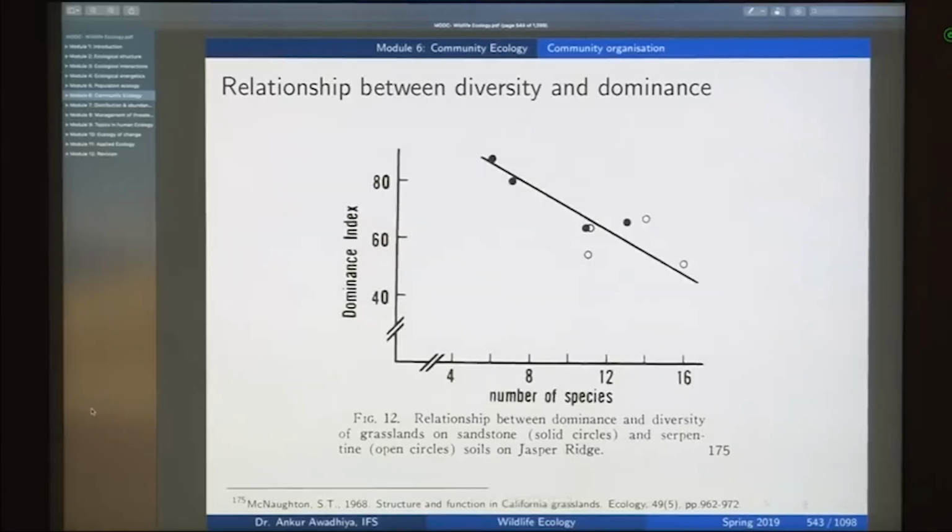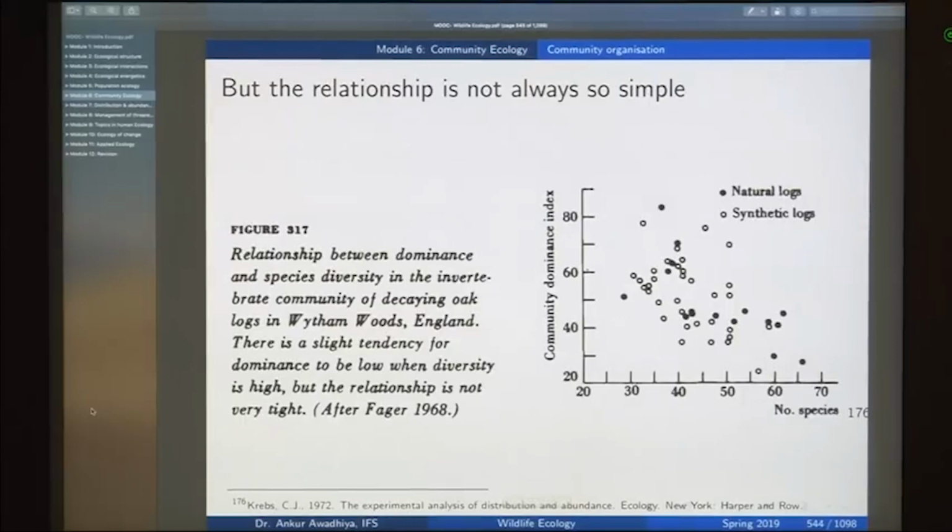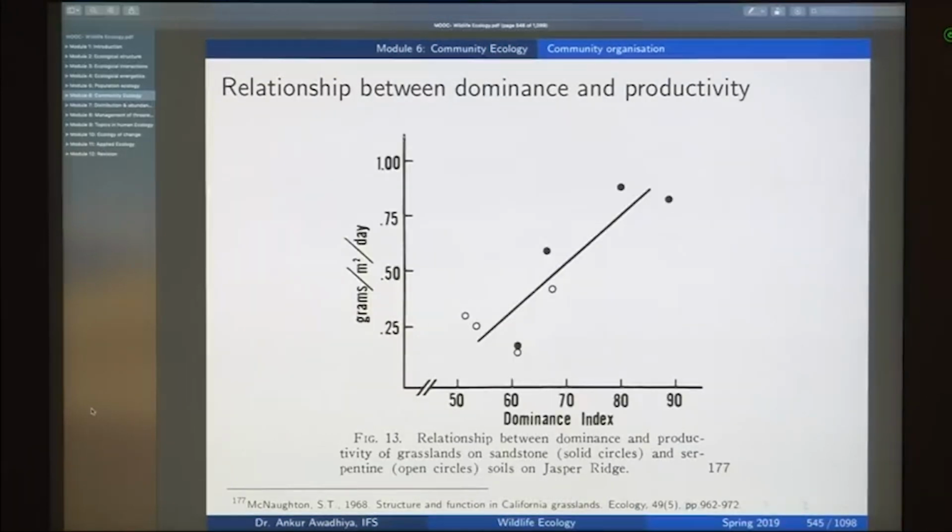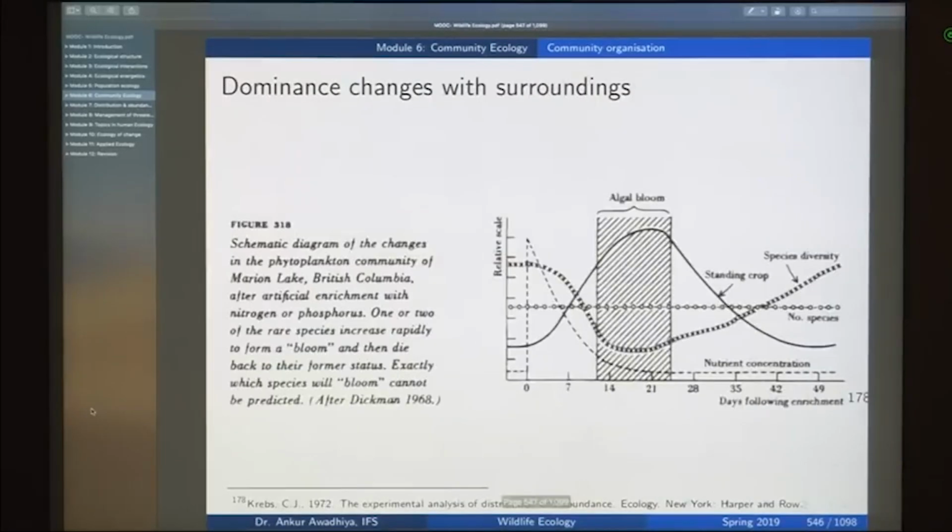Now, if you have more number of species, typically the dominance reduces, but then this relationship is not a one-to-one relationship. If you have a community that has more amount of dominance, it is possible that you will have certain species that are much more efficient in producing food, and in that case the productivity increases.